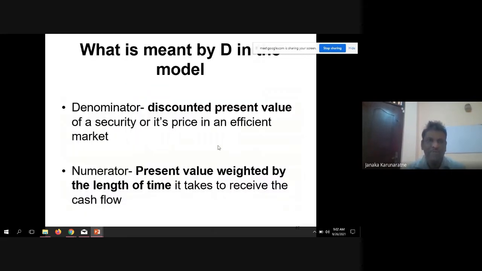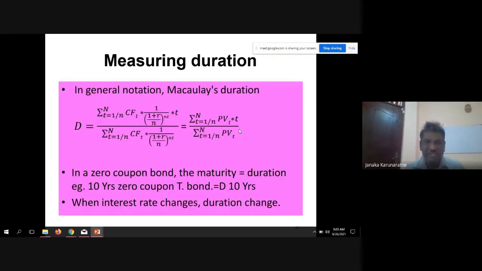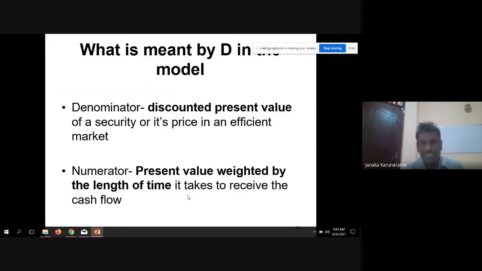Now, this is what I explained earlier in this formula. The denominator, the bottom part, is the discounted present value of a security or its price in an efficient market. So this is the denominator, which I already explained. And the numerator is the present value weighted by the length of time it takes to receive the cash flow.